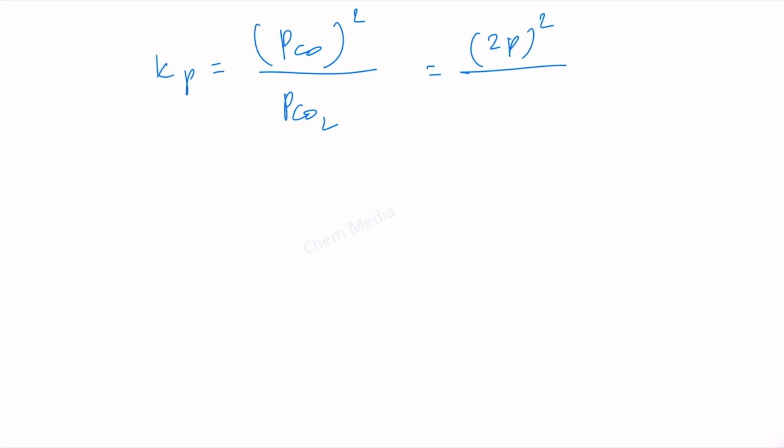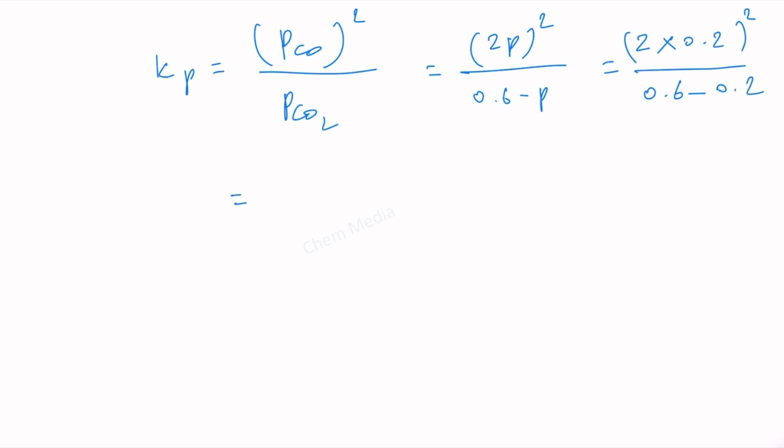We know that Kp is equal to partial pressure of CO whole square divided by partial pressure of CO2. Partial pressure of CO is 2P. Therefore, 2P whole square divided by partial pressure of CO2 at equilibrium, which is 0.6 minus P. We know the value of P. Therefore, this is 2 times 0.2 whole square divided by 0.6 minus 0.2.